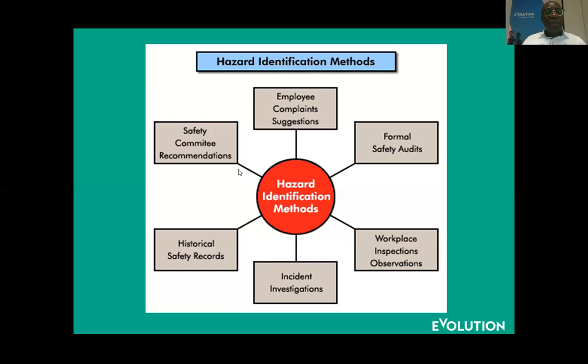And you also have safety committee recommendations. So hazard identification methods: use your employees, use the complaints, the suggestions, audits, observations, investigate the incidents that happen at work, look at your historical records, and take advantage of the workplace committee.